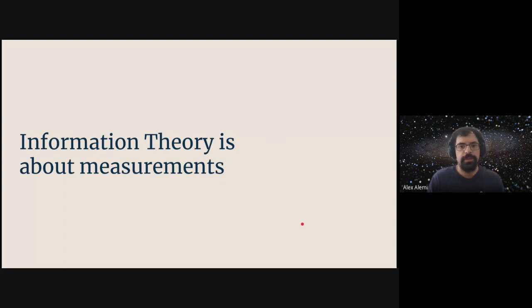It's about measuring how much data influences your belief about hypotheses, how close two probability distributions are to one another, and how similar two random variables are to one another. Coming out of Shannon's enterprise is a unique and special set of measurements and relationships that we can use and abuse, and are already using and abusing, whether you know it or not, in machine learning. And that's what I want to talk about.